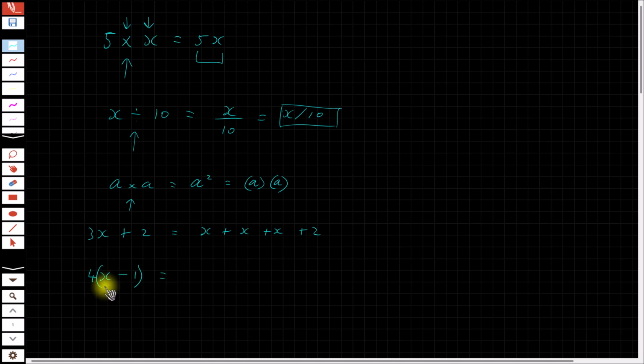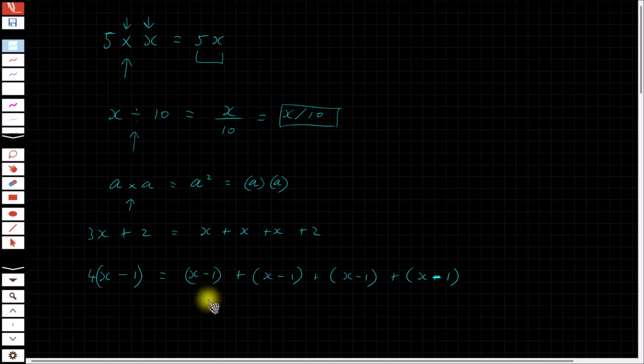This equation says we multiply everything in brackets by 4. So we've got this x minus 1 in brackets, so this needs to occur 4 times. So this is the same as saying x minus 1 one time, plus another time, plus another time, plus another one.